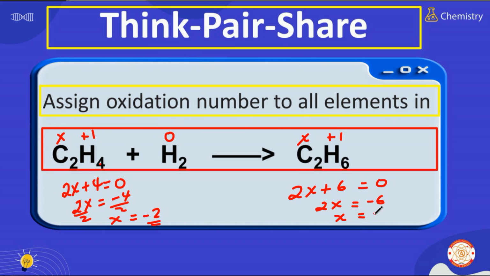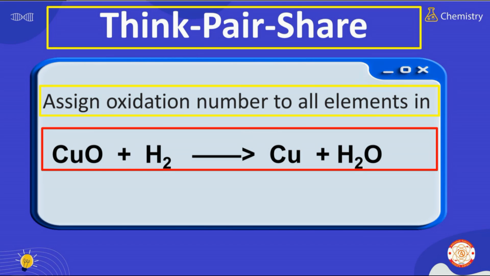X equals, if you divide both sides, it will give you -3. So its oxidation number becomes -3. So this is how you assign oxidation numbers to all the elements.